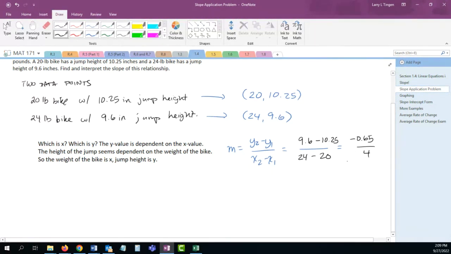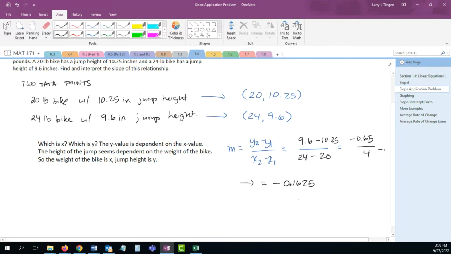Negative 0.65 over 4, which when divided out gives us negative 0.1625. Okay? So what does that mean? Well, this is an application problem, so I can actually get the units. Yeah, I had the top flipped. You were right.